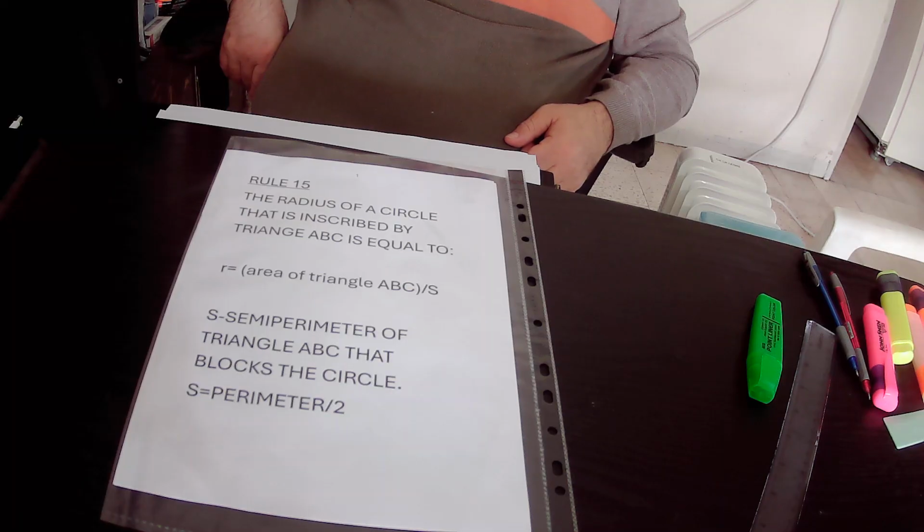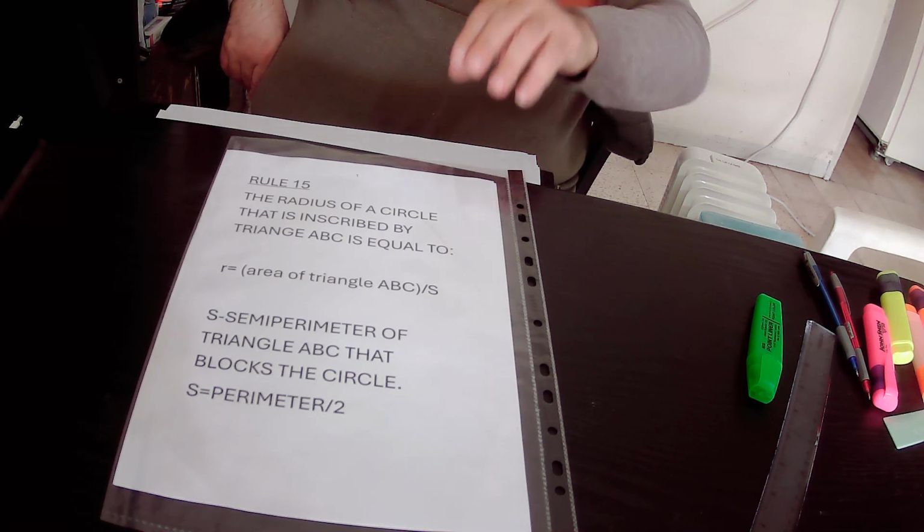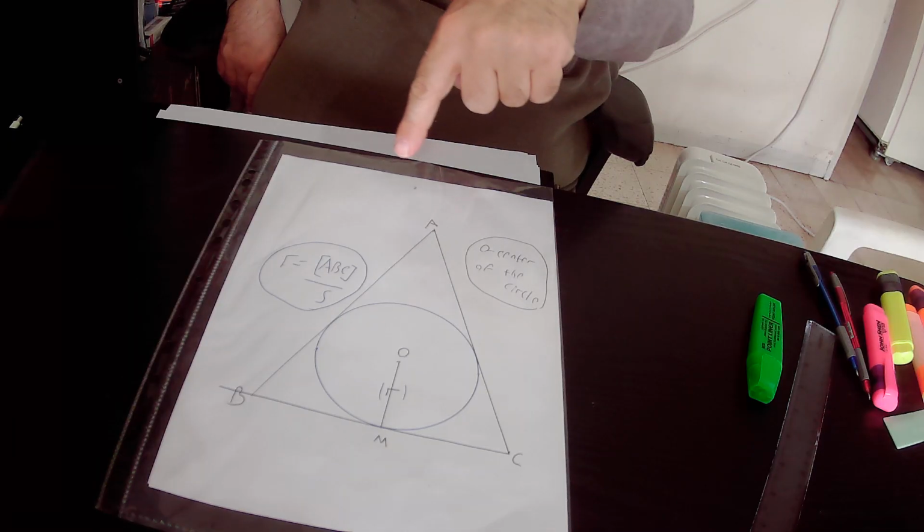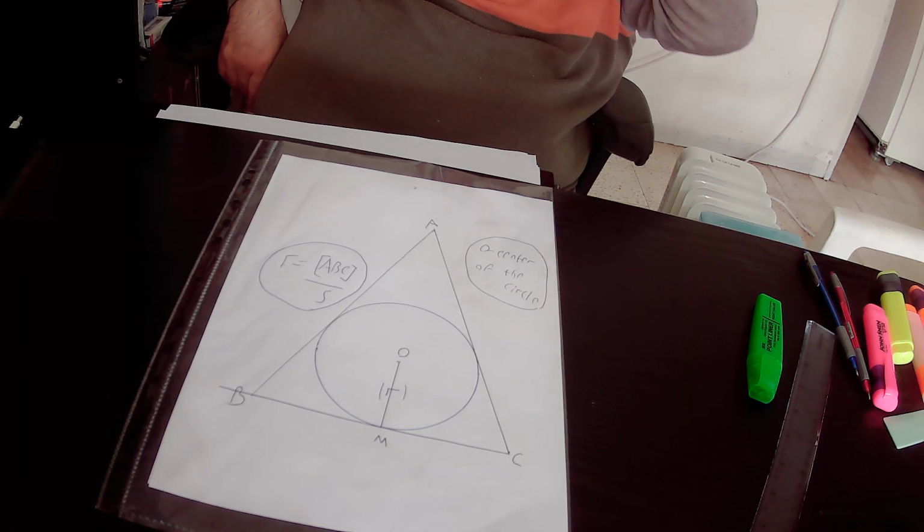And the semi-perimeter of any triangle equals the perimeter over 2. The perimeter is the sum of its side lengths, and if we divide the perimeter by 2, we get the semi-perimeter S. So in the drawing of this rule number 15, we have a circle that is described by this triangle ABC.